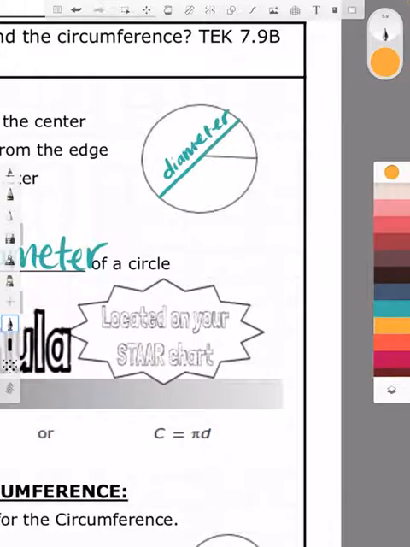This one that's halfway across, that's our radius. And then the distance around our circle, going all the way around, that is the circumference.